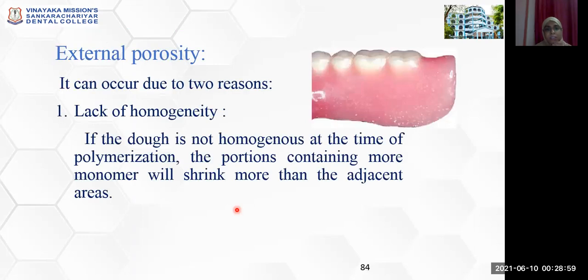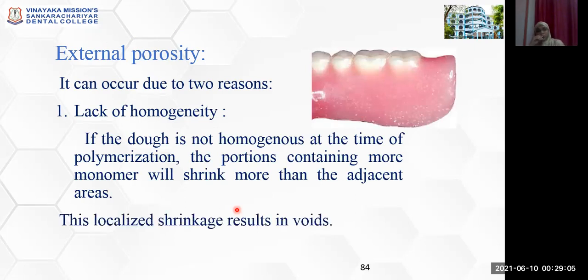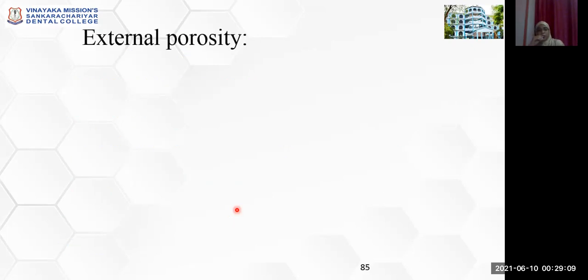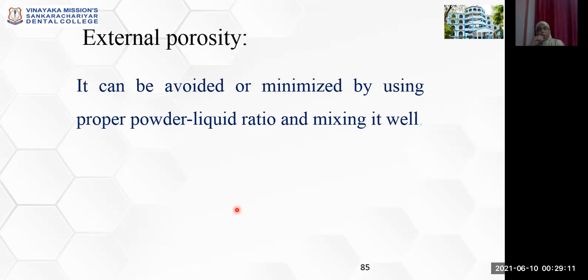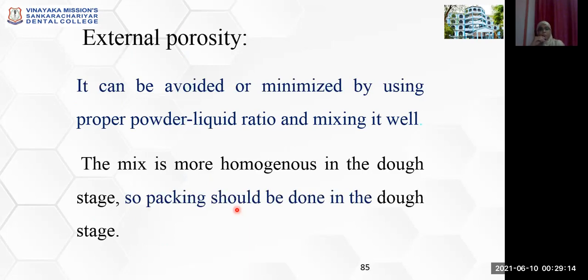Next you have external porosities. The main reason for external porosity is that you have not mixed the polymer and monomer properly. You have not used sufficient material when mixing. That can be a reason. So how you avoid it is, you have to use a proper liquid powder ratio, follow the manufacturer's instructions, and pack it in the dough stage. It's all technique sensitive.